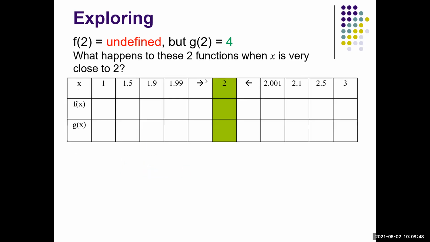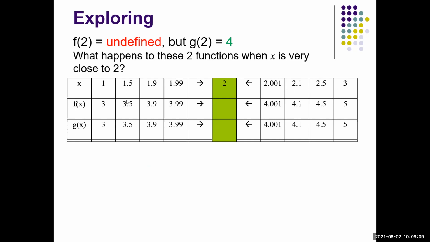When I start the table with 1, 1.5, 1.9, notice that I choose numbers getting closer and closer to 2 on the left, and then values getting closer and closer to 2 on the right. Then you plug into the function f and function g, and these are what we got. They happen to be the same.